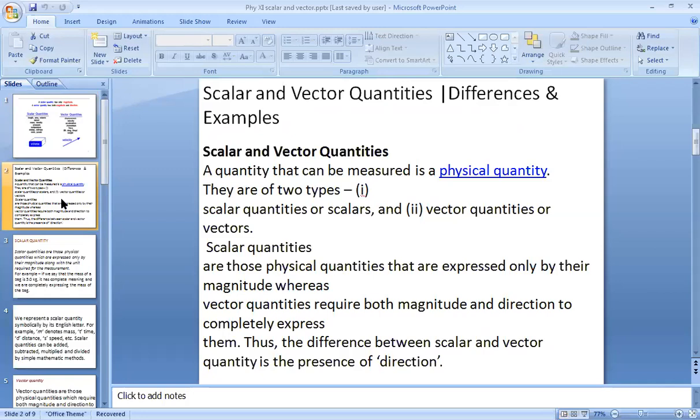So you can keep in your mind that if we talk about only magnitude, that magnitude will be present in both quantities, scalar and vector, but the vector quantity must have the direction. Therefore, the difference between scalar and vector is only the presence of the direction.